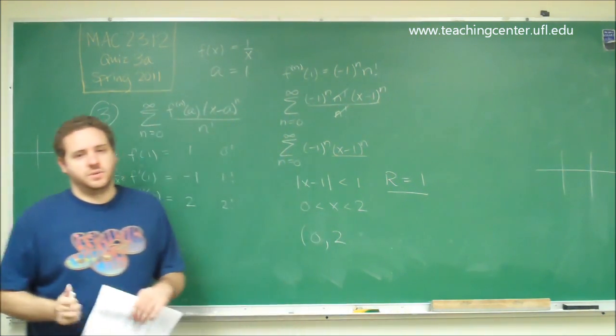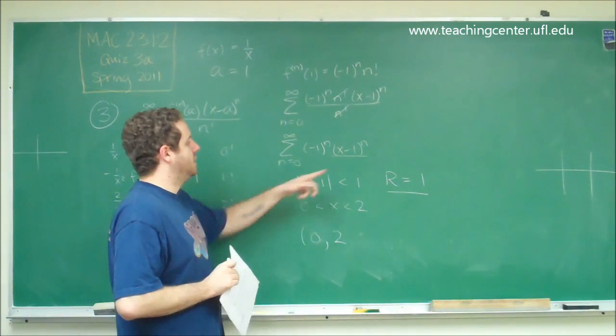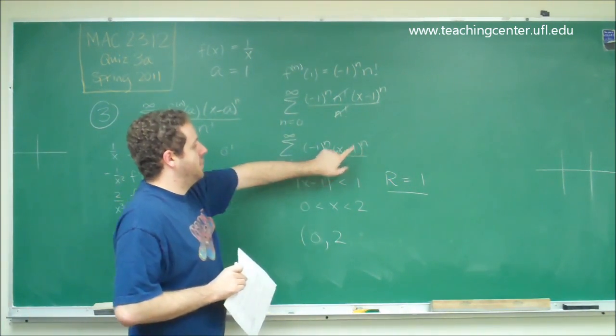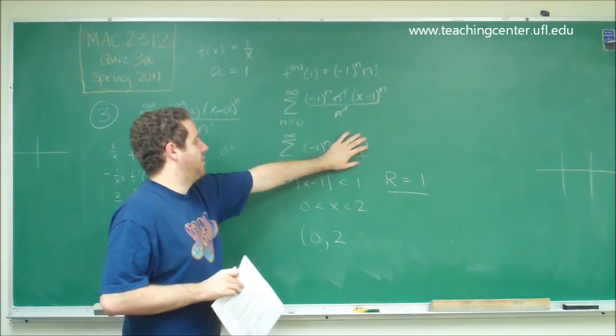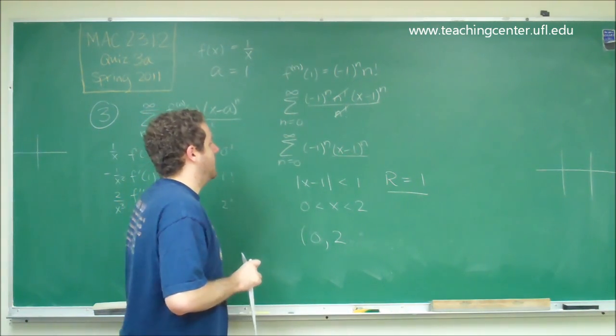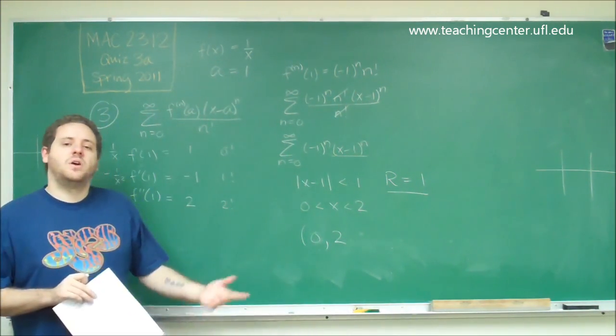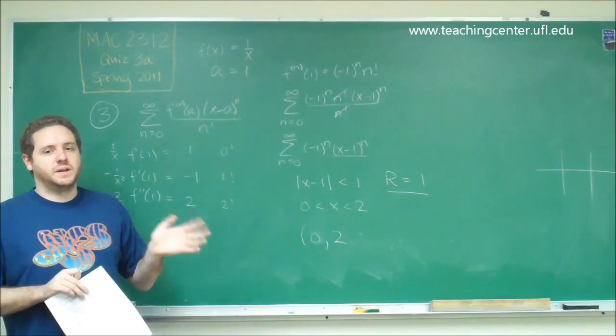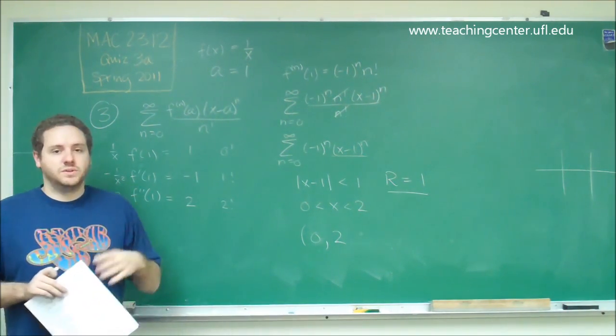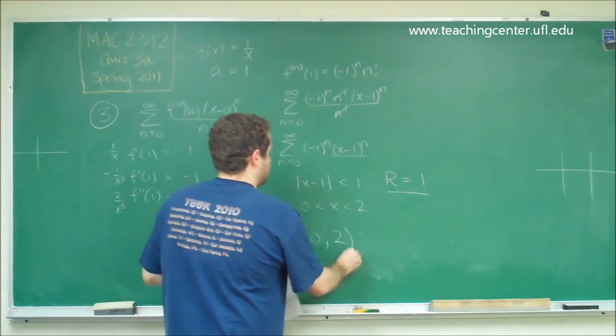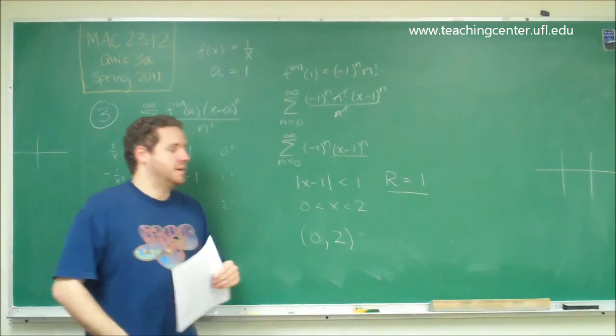So is 2 a bracket or parentheses? Well, either way, because when you plug in 2 here, you get 1 to the n, which is nothing, so we just have negative 1 to the n, and we just have an alternating series. We're adding negative 1, 1, negative 1, 1, negative 1, 1. That doesn't converge either, so these are both parentheses. But our radius there is 1.